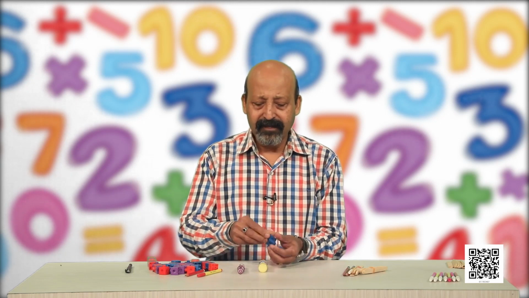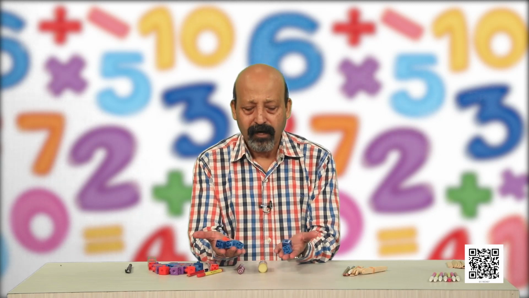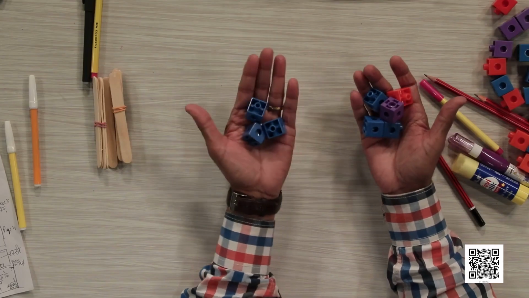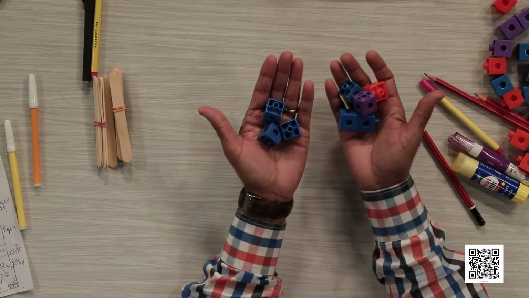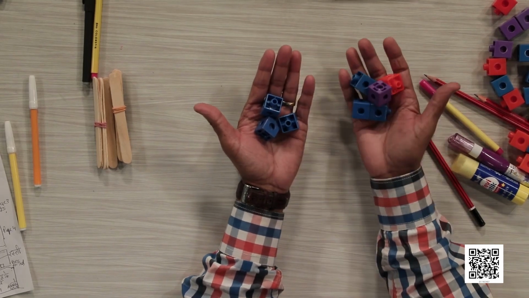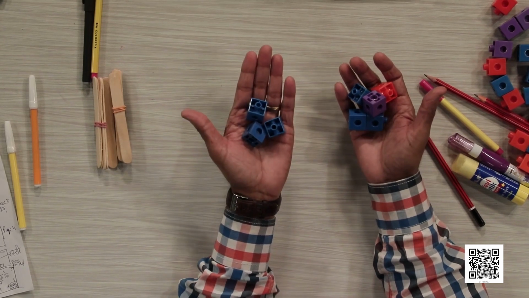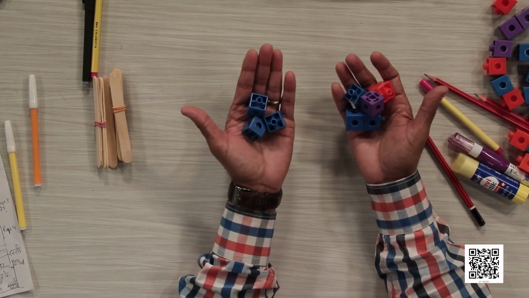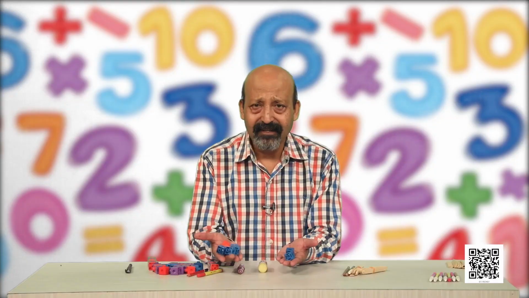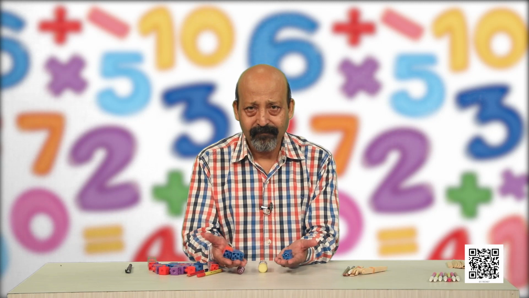I have these few objects in my hand. Now, out of these, in which hand do I have lighter objects and in which do I have heavier? Which one is heavier, this one or this? How can you say? Yes, this is heavier and this is lighter.